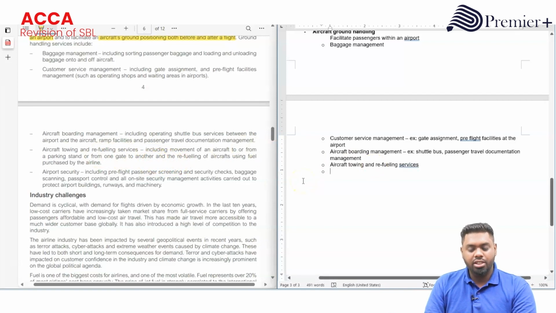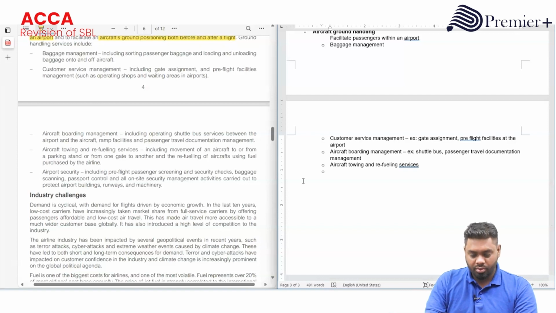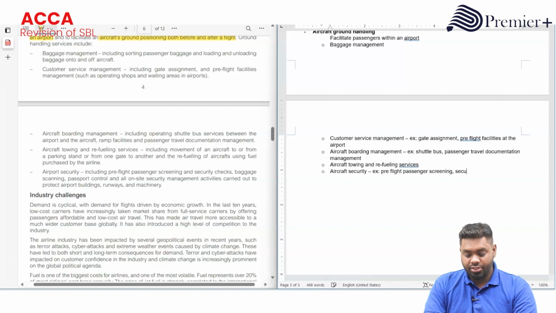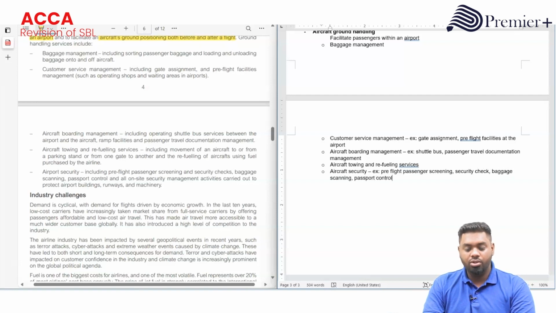Airport security, including pre-flight passenger screening and security checks, baggage scanning, passport control, and all on-site security management activities.